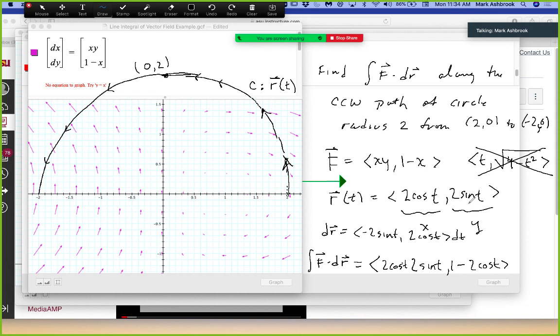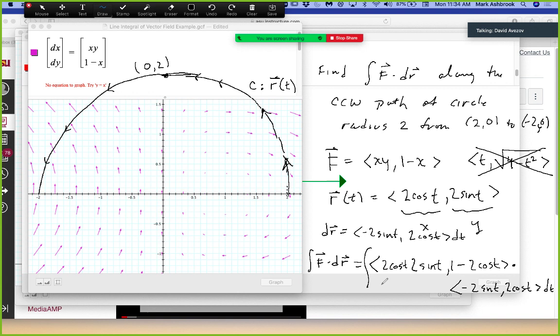So this is our x and this is our y on the curve. So x times y, 1 minus x, dot dr, which was our negative 2 sine t, 2 cosine t, dt. And this is going to be the integral from what to what? T goes from what to what?